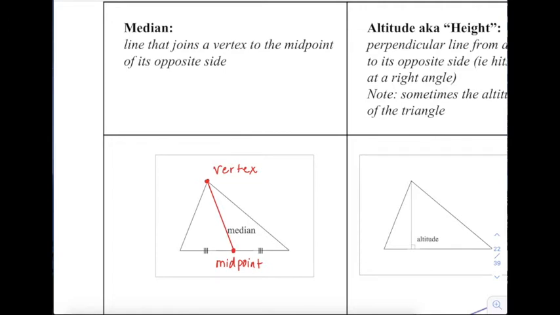So which point can I use to determine this line? Don't you have to find the midpoint? Sure, I can use the vertex or the midpoint. So in this case, I'm given an option, right?